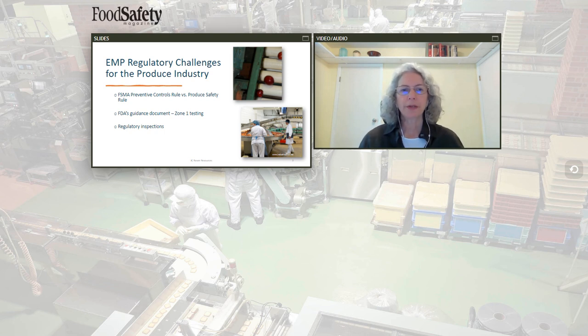And the last area around regulatory challenges is regulatory inspections by the FDA. It has been shared within the industry that during some regulatory inspections, the inspectors have noted that if there is a positive finding in the company's EMP plan, the inspector will write that up as a failure of their food safety system.